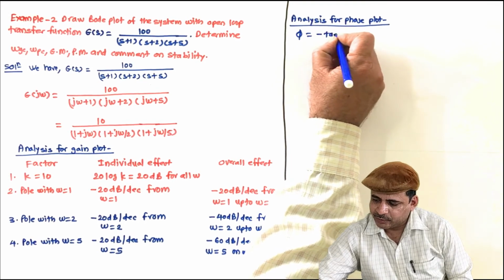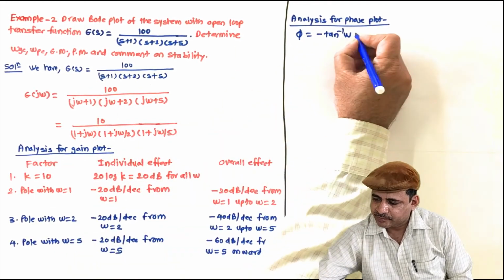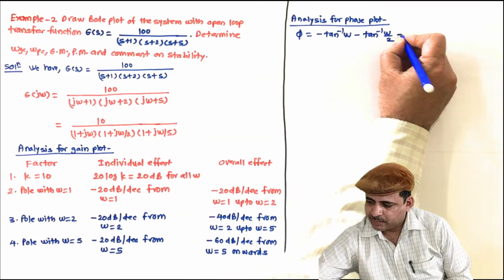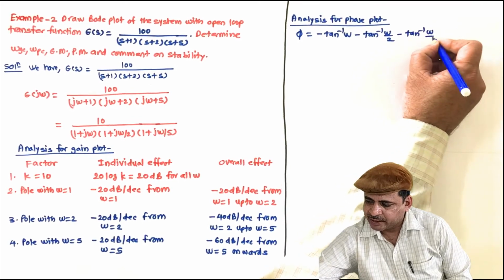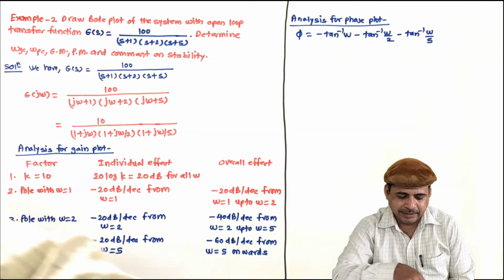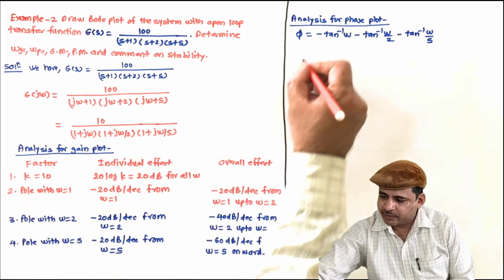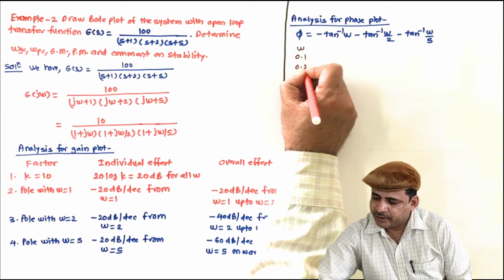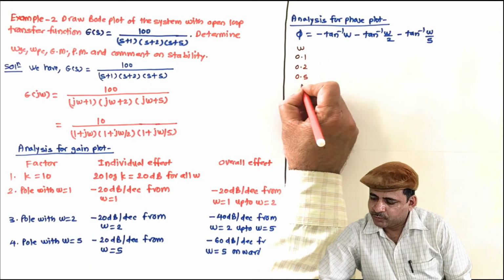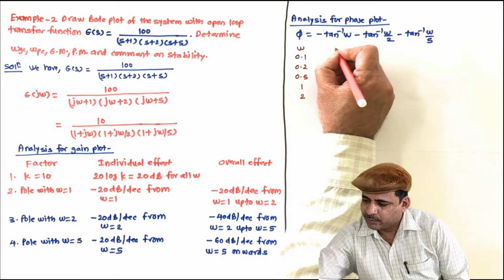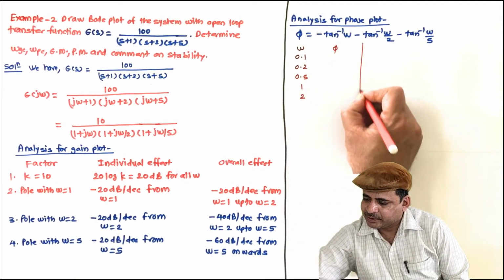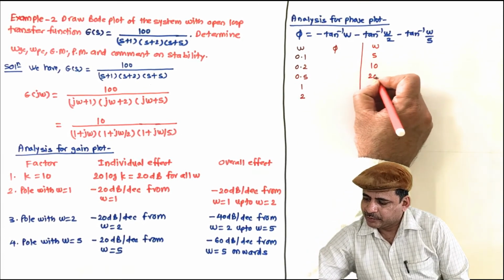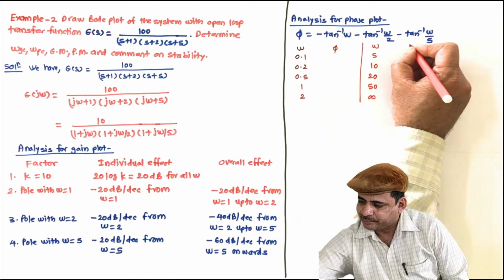So it is minus tan inverse of omega for the first, minus tan inverse of omega by 2 for the second pole, and minus tan inverse of omega by 5 for the third. Then for different values of omega we will choose 0.1, 0.2, 0.5, 1, 2, and we will mark their phase. The same thing we will do for omega equal to 5, 10, 20, 50 and infinity.